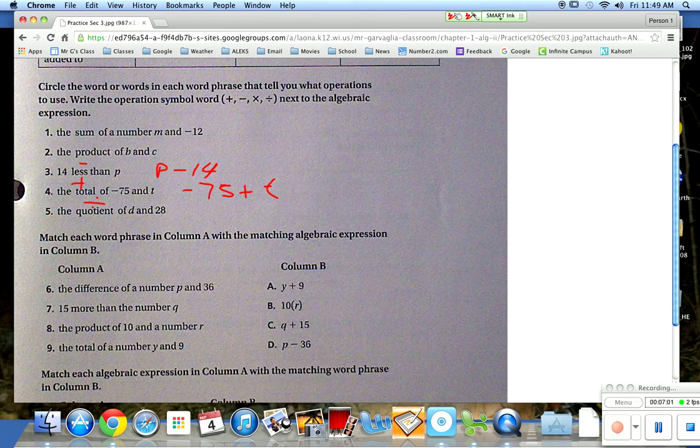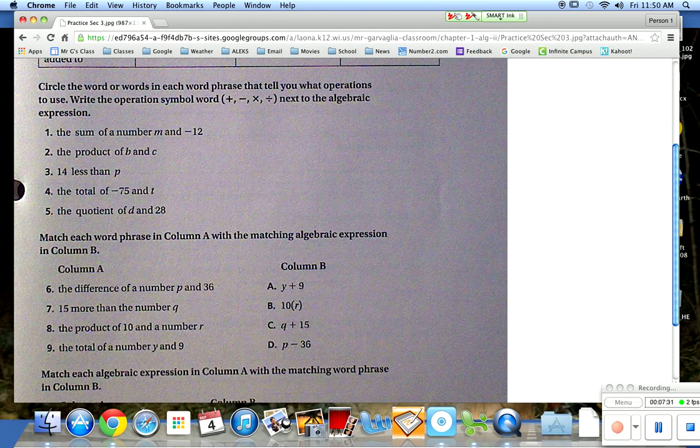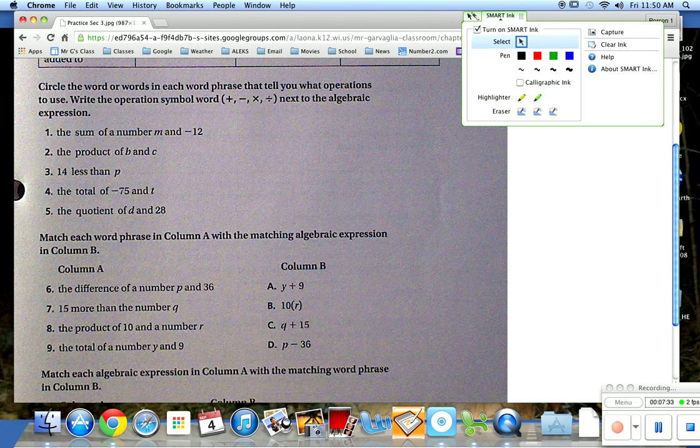It matters which order these two are in because it is going to be D divided by 28. So you can write it as D divided by 28, or you can write it as D over 28. Either way. Does that make sense to you guys? You see? You betcha. All right.